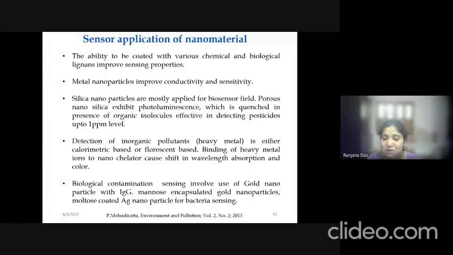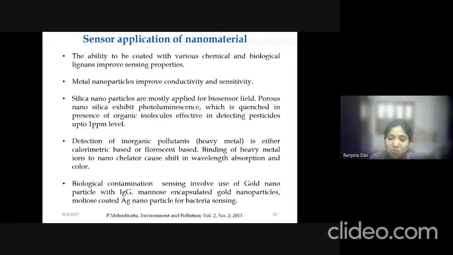If its color changes, then it is obviously an indication that something is there with which they are getting chelated. As for example, the gold nanoparticle. Gold nanoparticle color is something different, and when it gets chelated with some other organic material, its color will abruptly change. So that change in the color of the nanomaterial is an indication of the presence of contaminants.